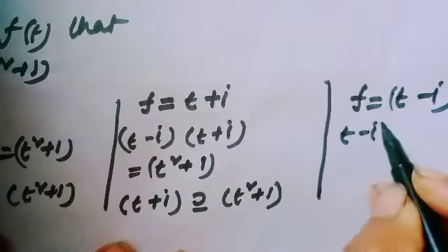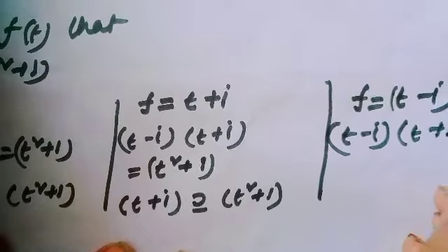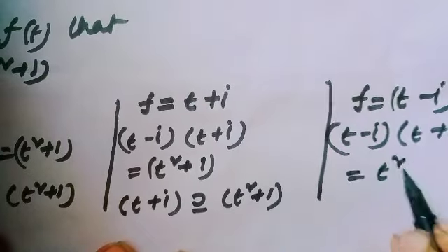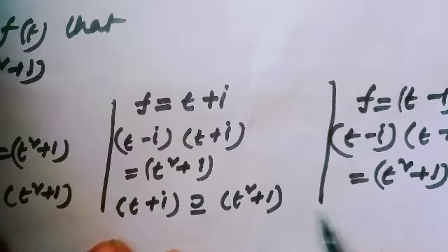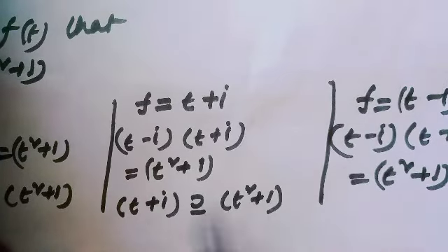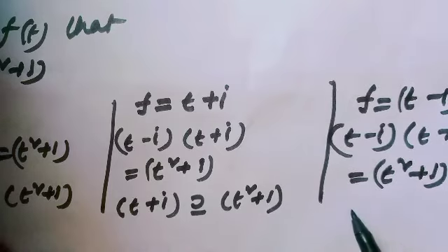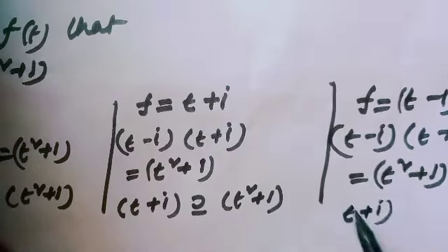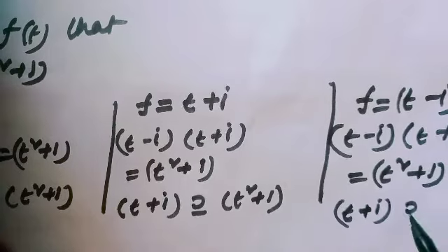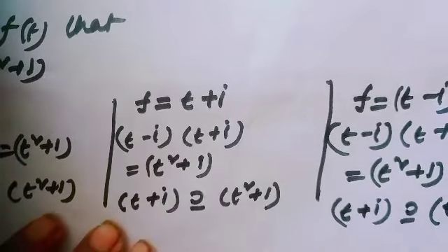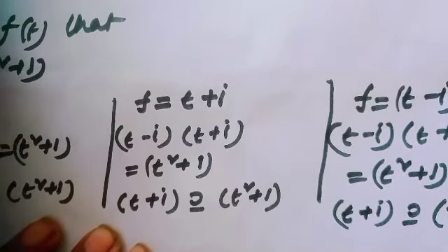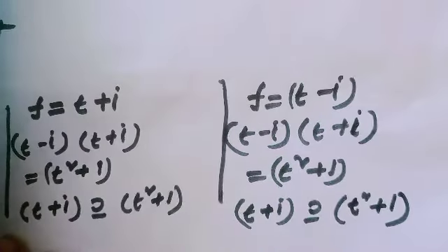Since (t − i) times (t + i) equals t² + 1, then similar to this, we can tell t² + 1 is contained in the ideal (t − i).